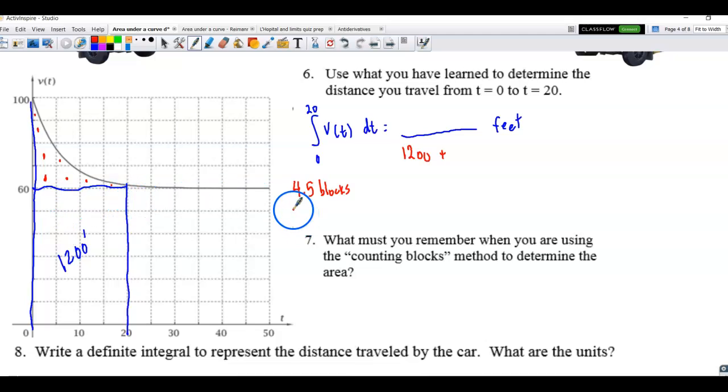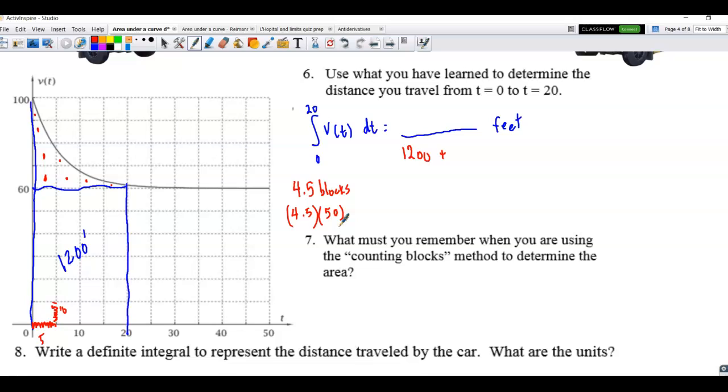It's 4.5 multiplied by, so 1 block, come down here, this is 5 by 10. Let me make sure I counted that right. So 5, 10, 20, 30, 40, 50, 60. So 5 by 10. It's 4.5 blocks, but 1 block is equal to 50 feet of area.